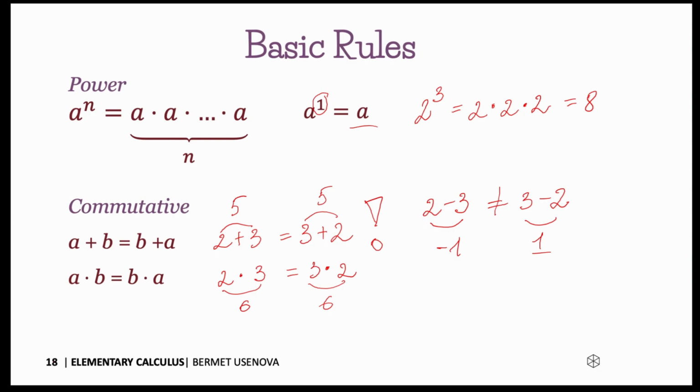This commutative rule does not apply to subtraction. Same for division, like 2 divided by 10, it's not the same as 10 divided by 2. It's not true for division as well, because this will result in 0.2 and here we will have 5. Two different numbers, right? So please don't mix them up.